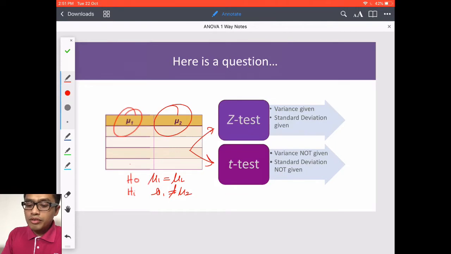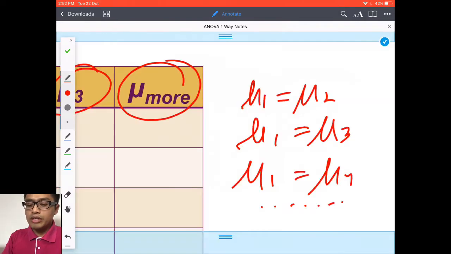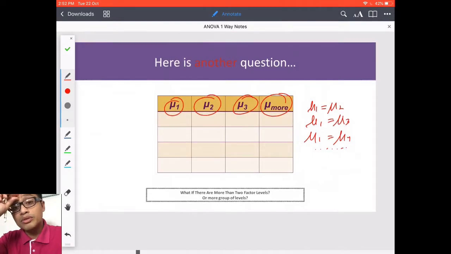If we have a lot of groups, for example, mu1 and mu2 and mu3 and mu more and mu infinity, it's a hassle to do mu1, mu2, mu1, mu3, mu1, mu4, and so on and so forth. So what we'll do is, we just have a new hypothesis.